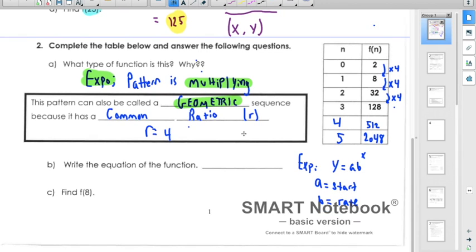So, if we have this function f of x, which is just y, well, what's my A? What's my starting value? Well, when we're starting at 0, my number is 2. So my A is going to be 2. My B is my rate, or my common ratio, right? So it's going to be 4 to the x. Here's my function, the equation of my function. 2 times 4 to the x.